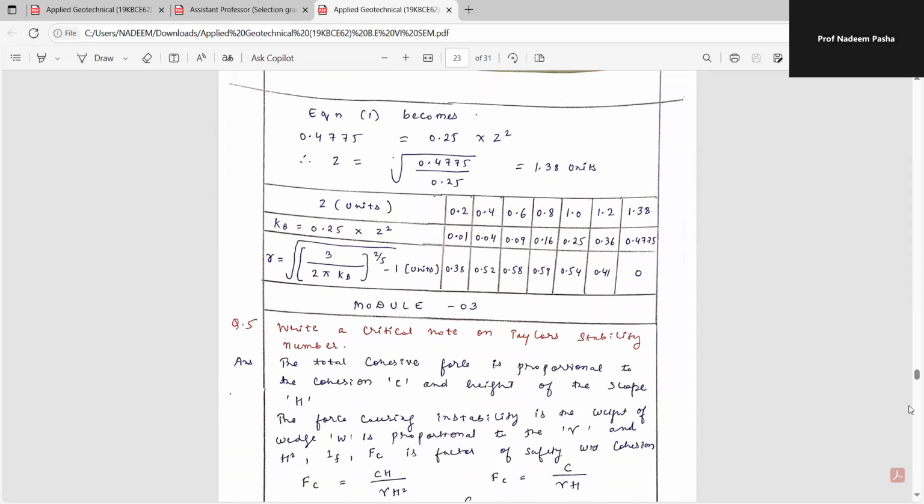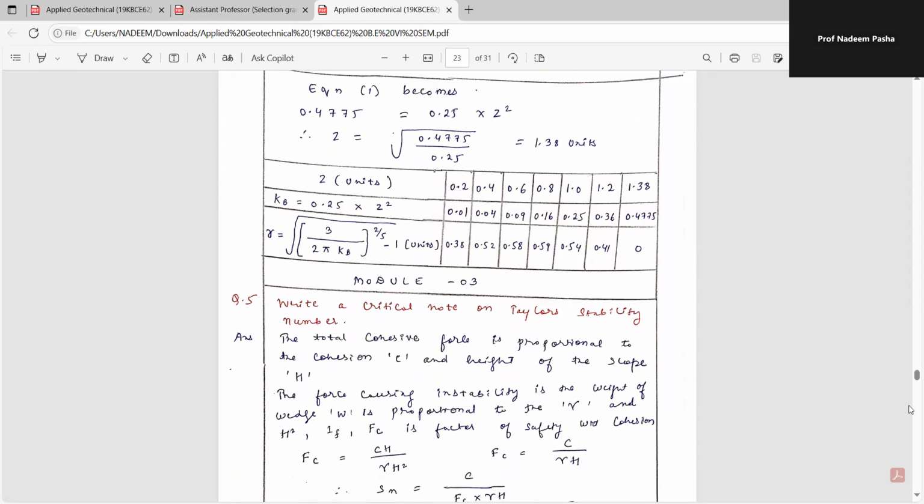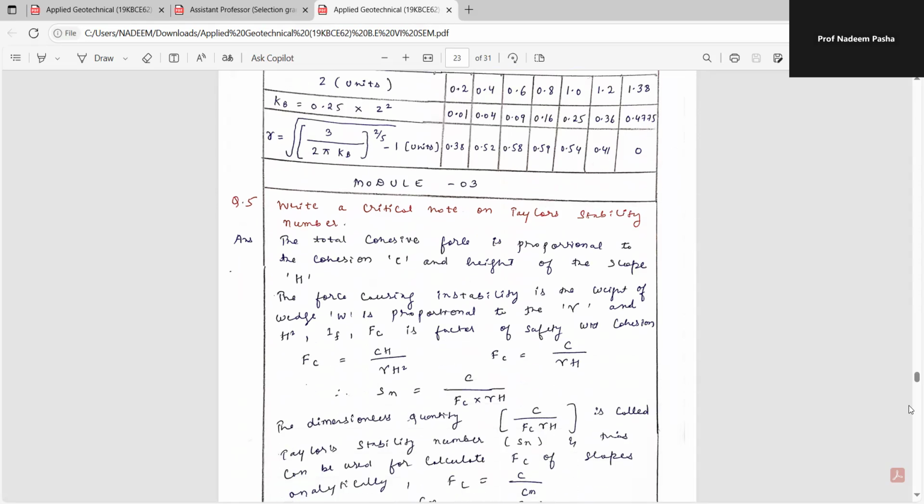Module 3. Write a critical note on Taylor's stability number. The total cohesive force is proportional to the cohesion C and height of the slope H. The force causing instability is the weight W, which is proportional to gamma H square. Fc is the factor of safety with respect to cohesion.